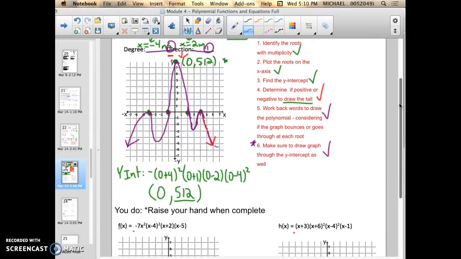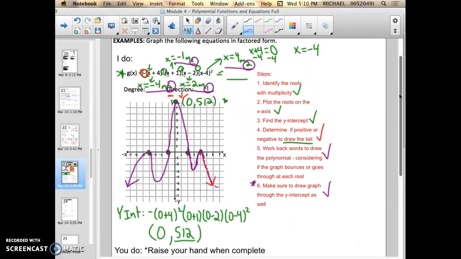Now, the last thing to consider is the degree. All right? And if you remember, just to check our work, this is kind of just to check the understanding. The degree is adding up all the powers. I have a 2 right here, a 1, and a 2. 2 plus 1 is 3, plus 1 is 4, plus 2 is 6. So I have degree 6.